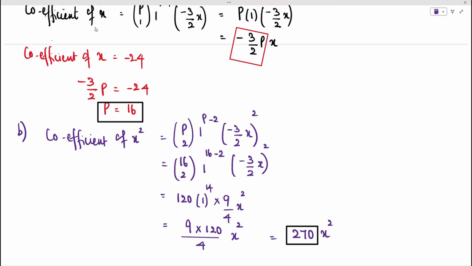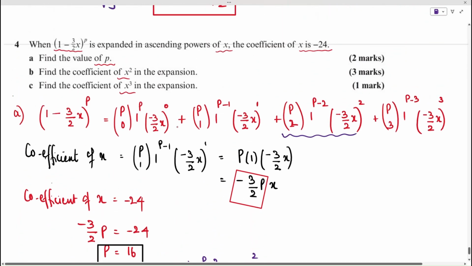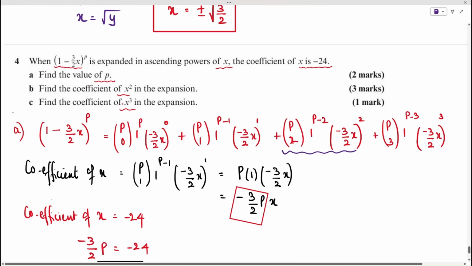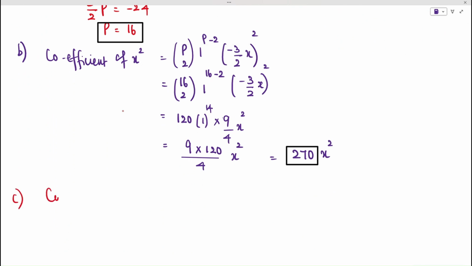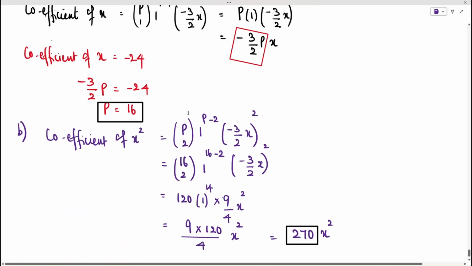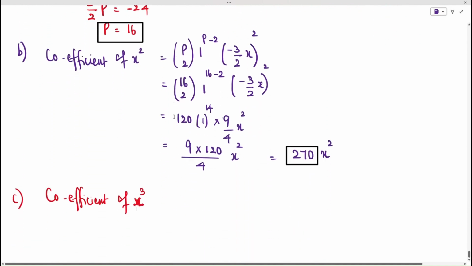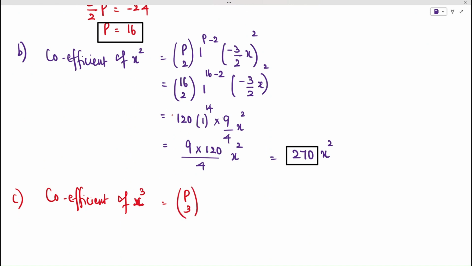And in the same way, we're going to get the coefficient of x cubed now. So for our coefficient of x cubed, we have our expansion as p choose 3 multiplied by 1 to the power of p minus 3 times (minus 3 over 2x), the whole cubed.